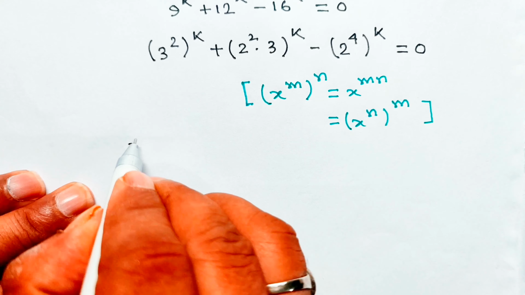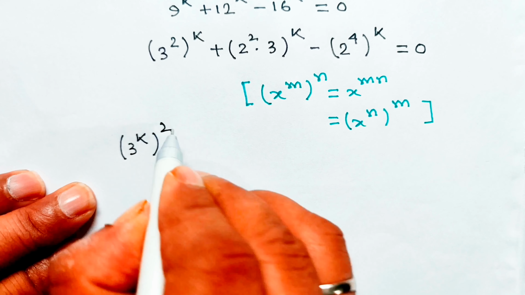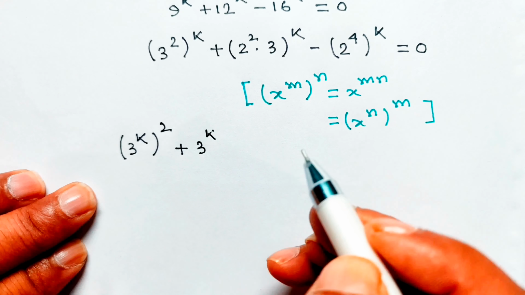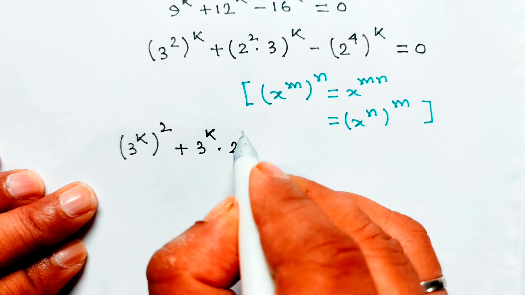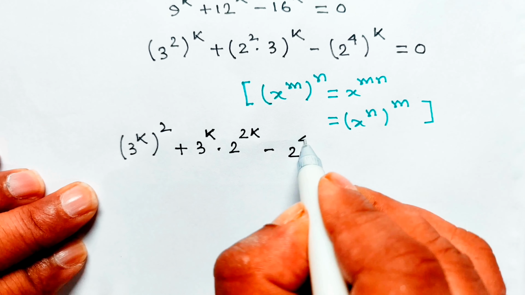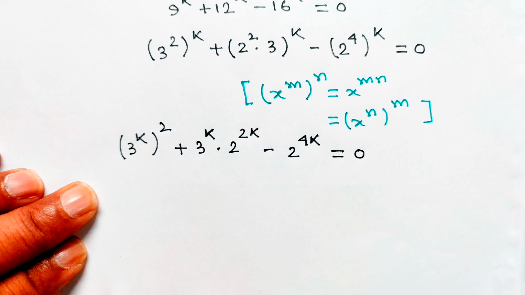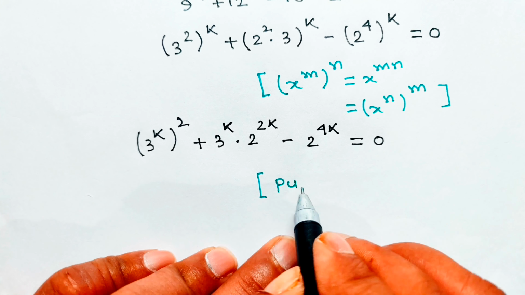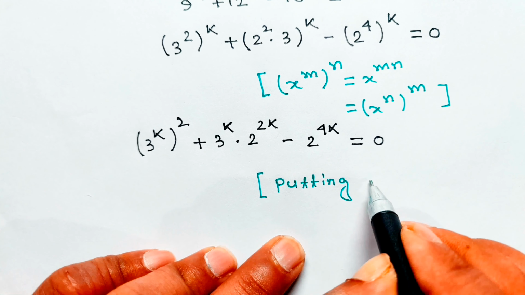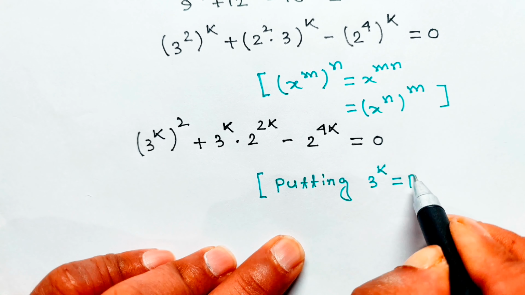Then (3 to the power k) whole to the power 2 plus 3 to the power k into 2 to the power 2k minus 2 to the power 4k equal 0. Putting 3 to the power k equal p.